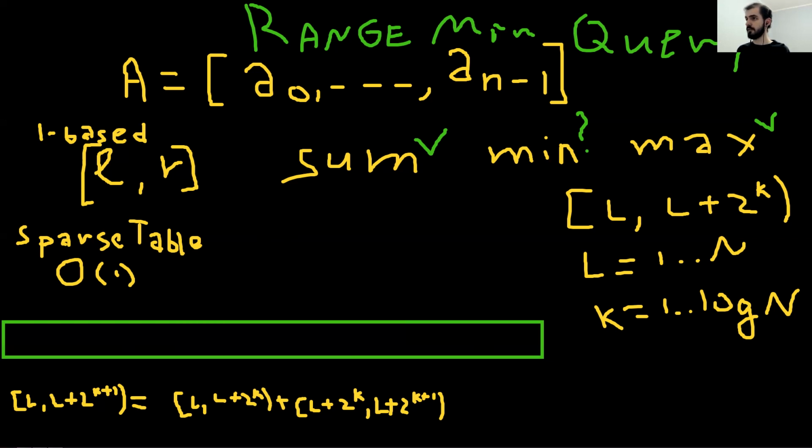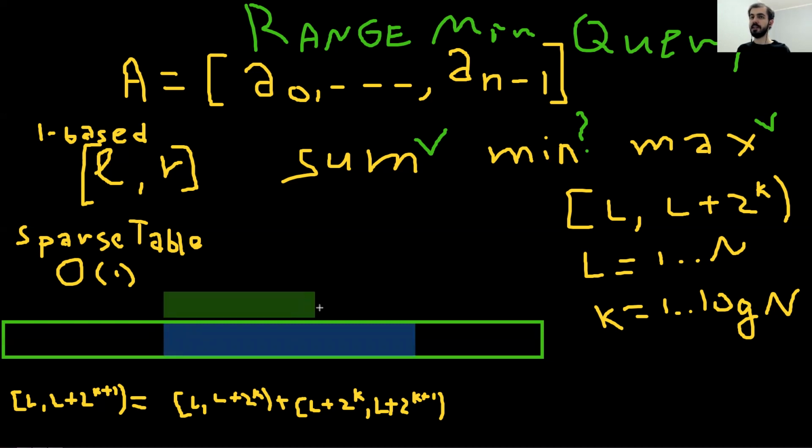How does it answer? When some query comes in, it may not be of the perfect length. It may be of length like 14, and we don't have such segments. But what we do have is a segment like this, which starts at the same location as the start of that segment and is of length 8. And we also have a segment of length 8 that ends in the same location as our query ends.